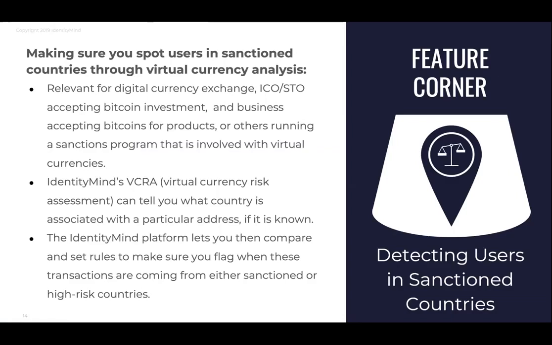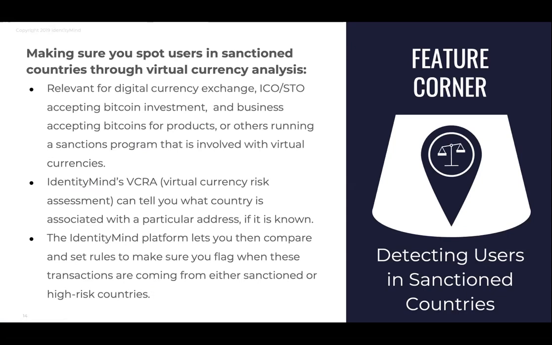So if you are somebody that is either managing a digital currency exchange or is doing an ICO or an STO, or you are allowing payments through Bitcoin or other, really if you're running a sanctions program that is associated with virtual addresses, virtual currencies, sorry, then with VCRA, we give you what is considered the country associated to the user of those addresses or those hashes.